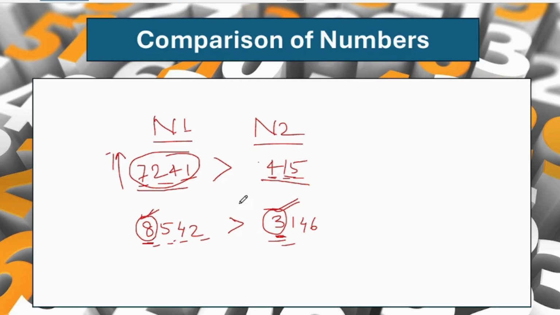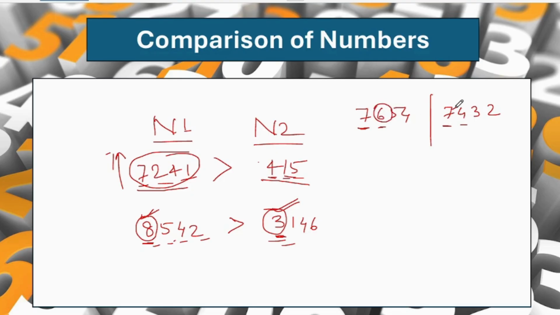Now let's take another example. Let's say 7654 and 7432. So I told you when you have to compare, you start with the extreme left. At the thousand place, it is 7. This is also 7. Both are the same. Then you go to the hundreds place. So compare this hundreds place digit and this hundreds place digit.